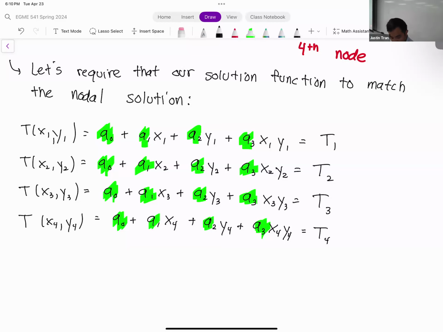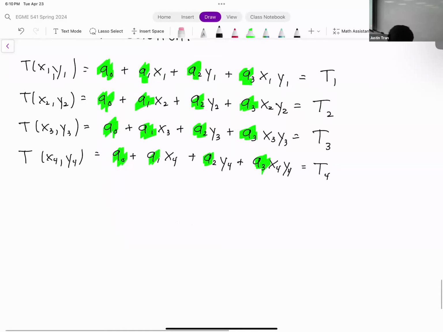All right. And so after solving for those coefficients, what we do next is that we put the equation in the following form.